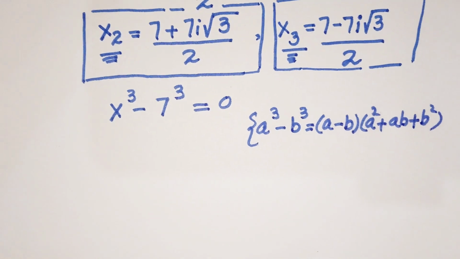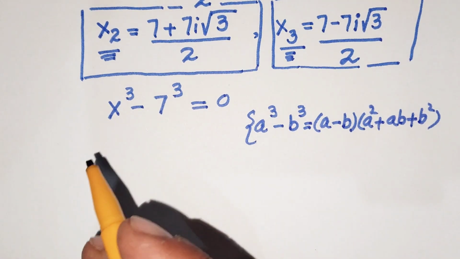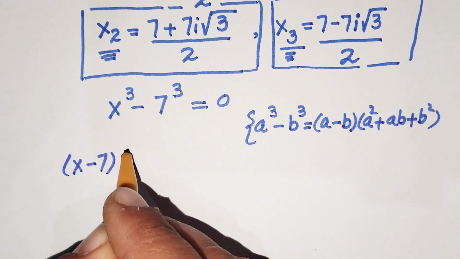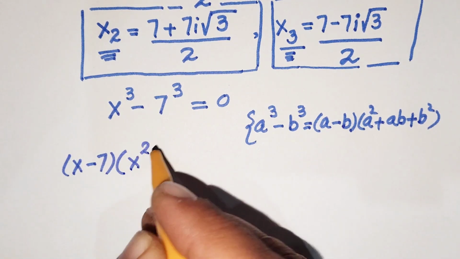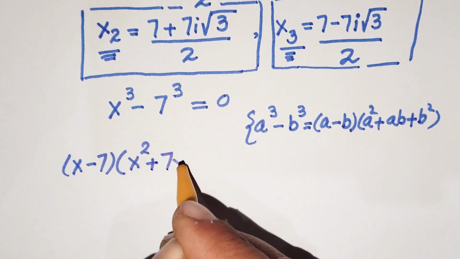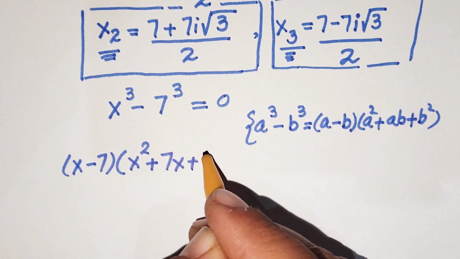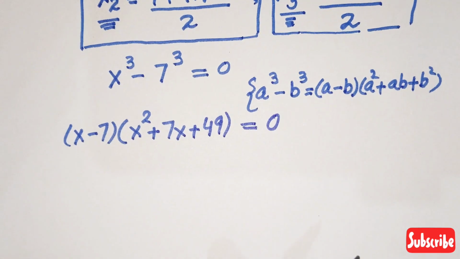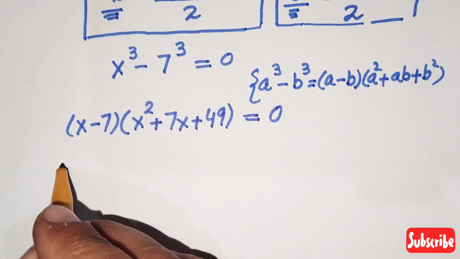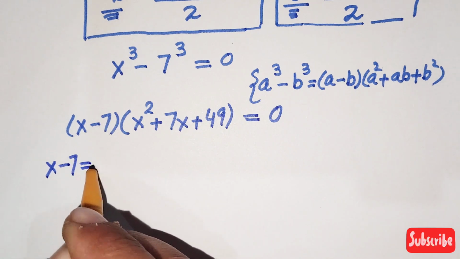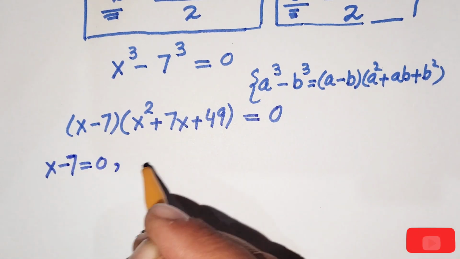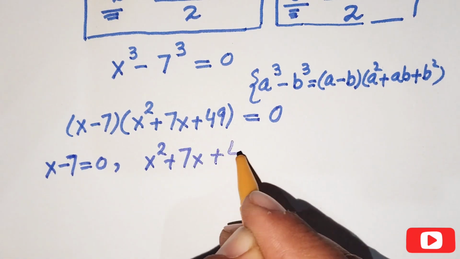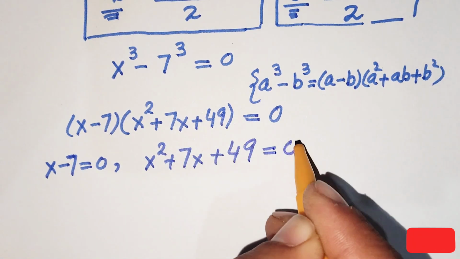Applying this formula here, we get x minus 7 times x square plus 7x plus 7 square, which is 49, equal to 0. Now here are two cases: x minus 7 is equal to 0, and similarly x square plus 7x plus 49 is equal to 0.